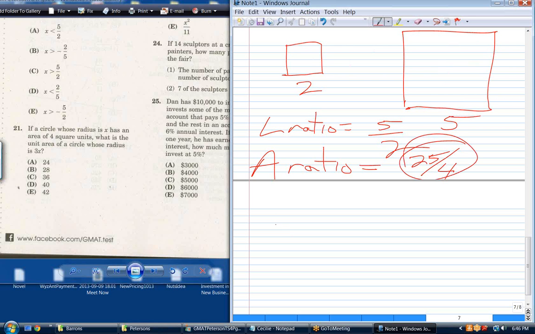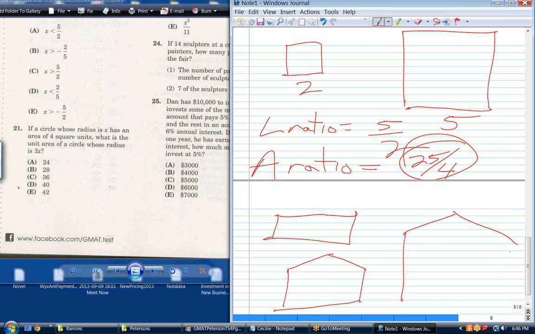Same thing if I had similar rectangles, same thing if I had similar polygons. No matter how many sides, if I give you a similar one and I say that this side is 2 and this side is 4, they have a linear ratio of 2 to 1, but they have an area ratio of 4 to 1.